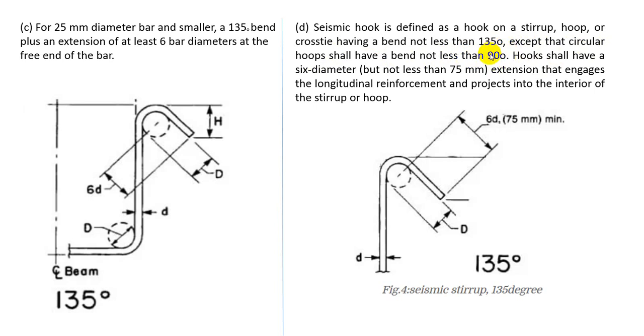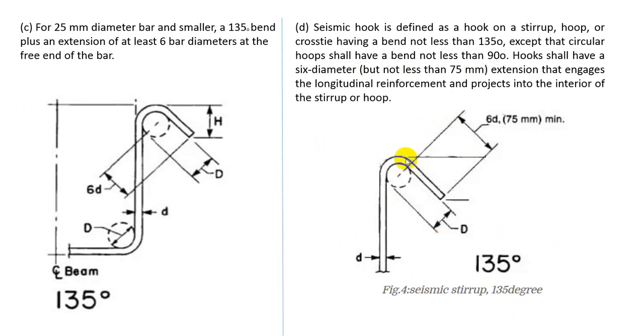And for circular hoops, the bend should be 90 degree, and hooks shall have a 6D extension but not less than 75 millimeter. Okay, what is the condition here? For our seismic analysis, our bend should be 135 degree. But in the circular condition, we can provide 90 degree.